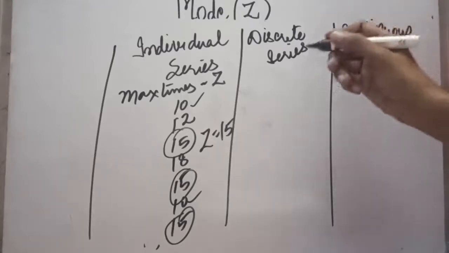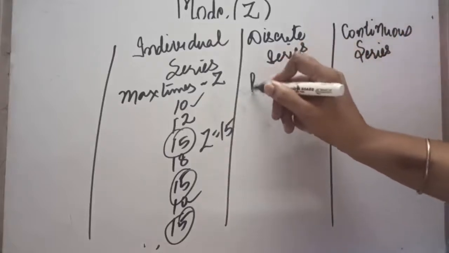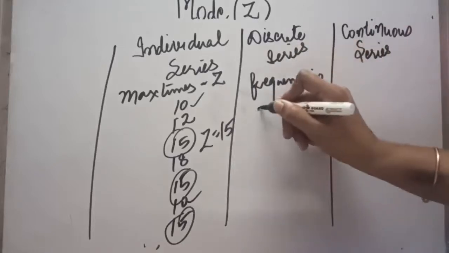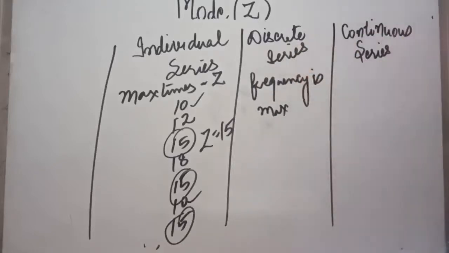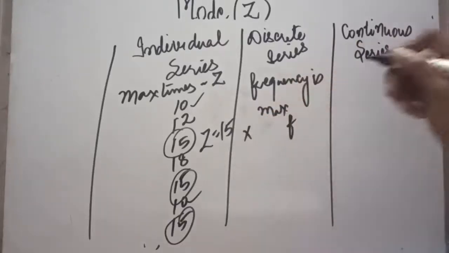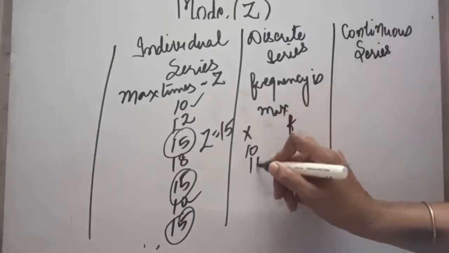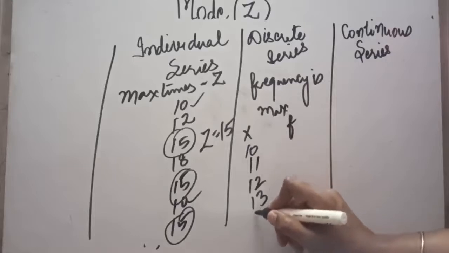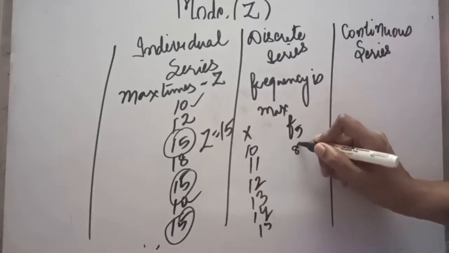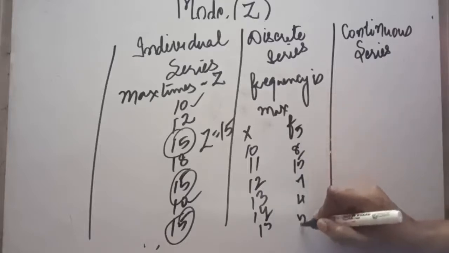Now in case of discrete series, mode will be that value whose frequency is maximum. Where the f is maximum, the corresponding x will become our modal value. For example, this is the series given to us, x and f has been given, and the frequencies are 5, 8, 15, 7, 4 and 5.